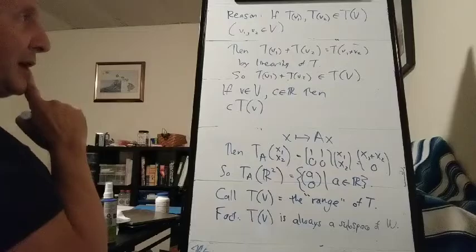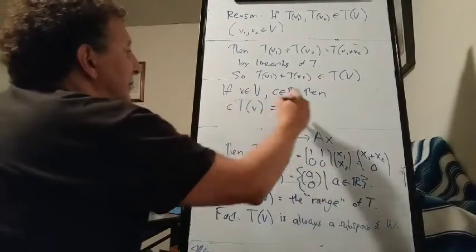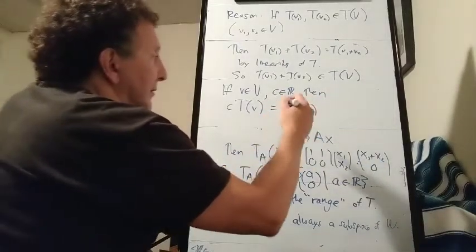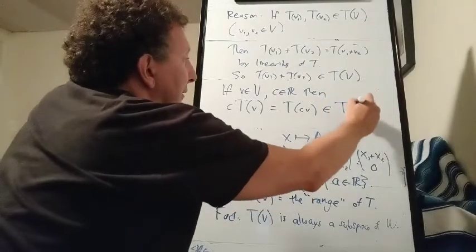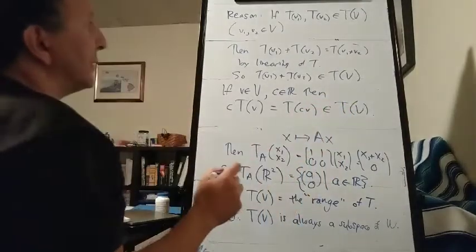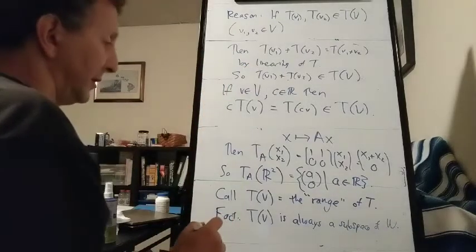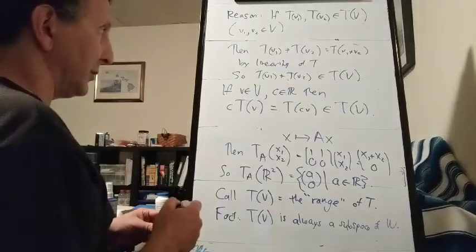Is that in the range also? Well, by linearity, C of TV is T of CV, which is T of something. So that belongs to the range also. So since the range is closed under addition and closed under scalar multiplication, then it's always a subspace of the space it's inside, which is W.